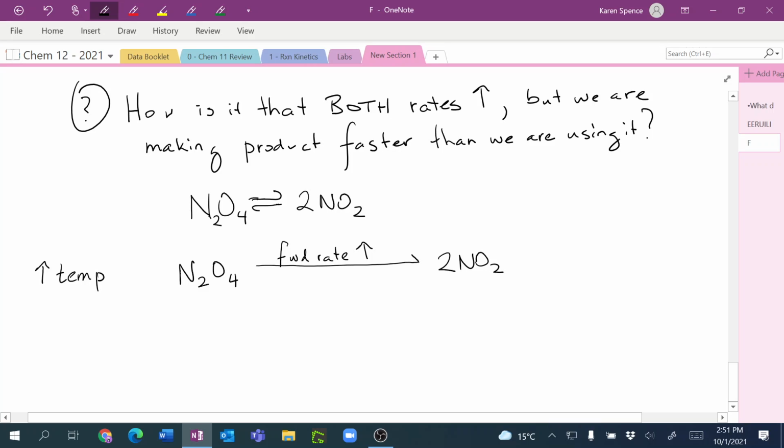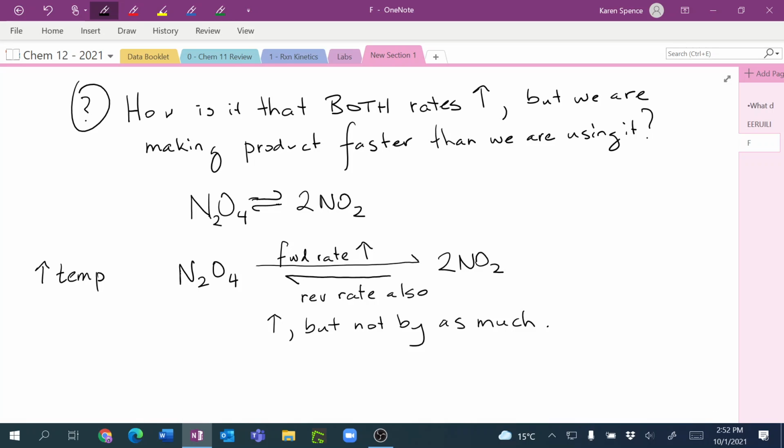My reverse rate also increased, just not by as much. And what that means is that both rates are faster than before, but the forward rate is faster than the reverse rate is.